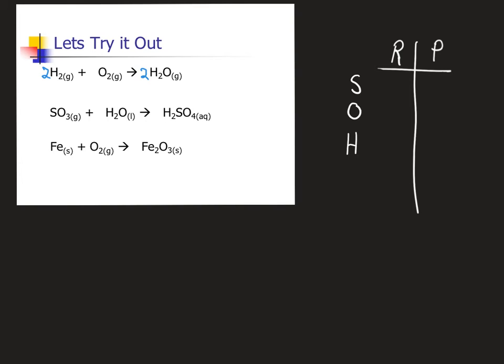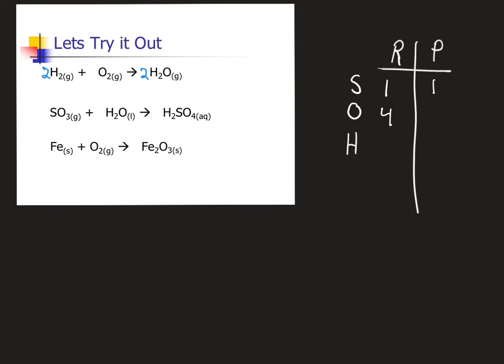So now I go through and I count what I have present. I have 1 sulfur on the reactant side, 1 sulfur on the product side. I have 3 plus 1, which gives me 4.